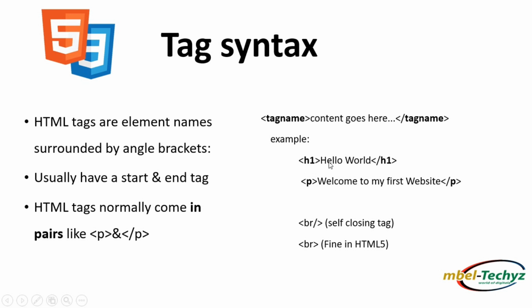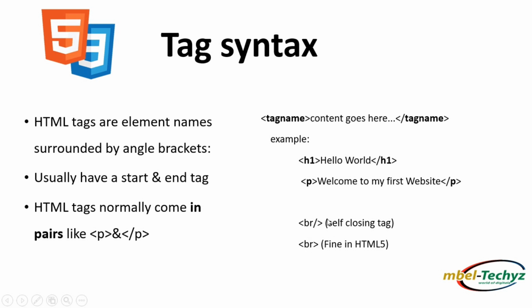For example, here we have the h1, which is heading 1, with the content Hello World, and this p tag also serves as the paragraph tag, which says Welcome to my first website. We also have self-closing tags. These are tags that don't have an ending tag, they are just single tags.